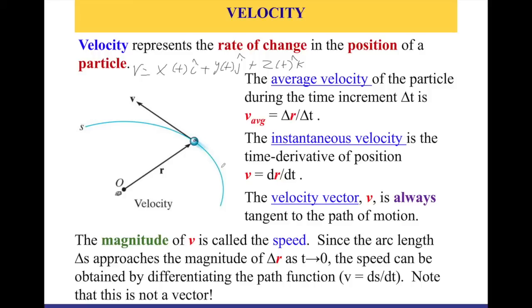If you have the velocity as a vector, you can find its magnitude as the square root of the x component squared plus the y component squared plus the z component squared. And that's how you get your speed. I hope this is a good introduction to velocity.